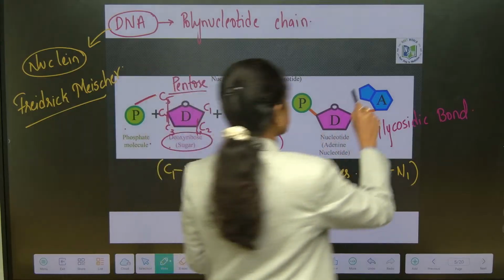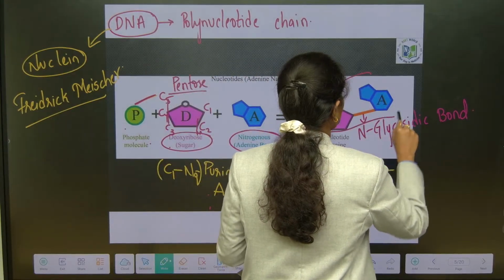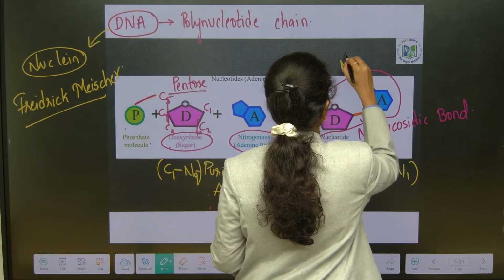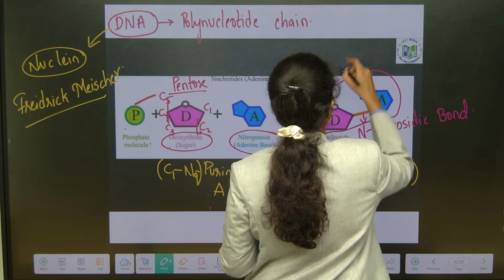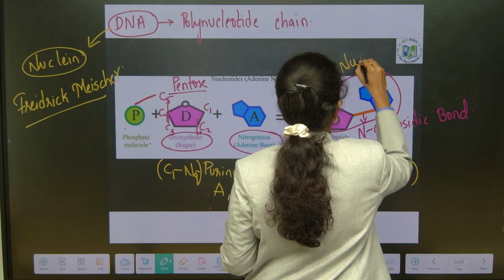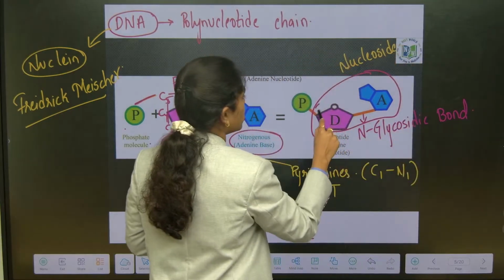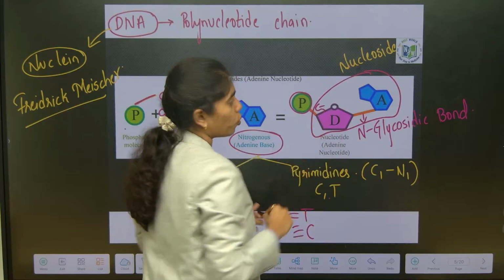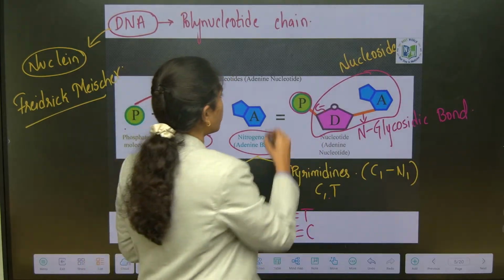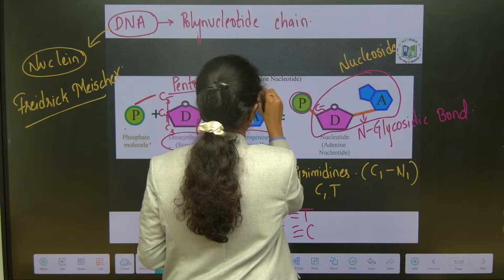So now what is this? This is completely a nucleoside. To the 5th carbon of this sugar, the phosphate group is bound. This is by what bond? Phosphoester bond.